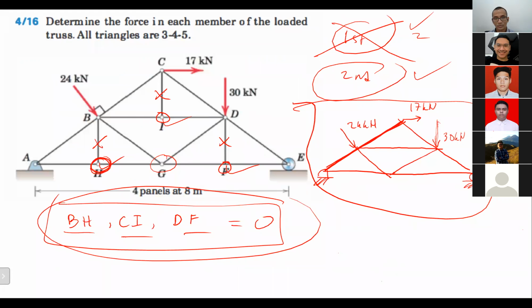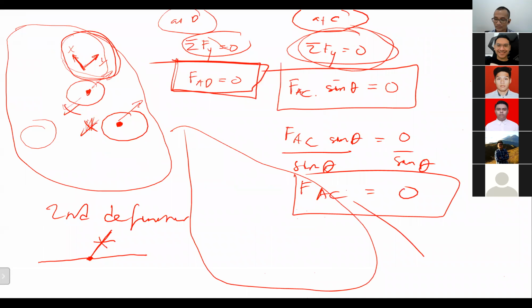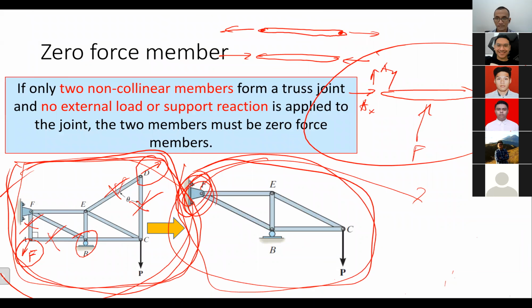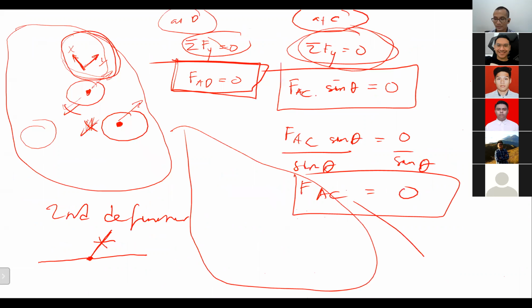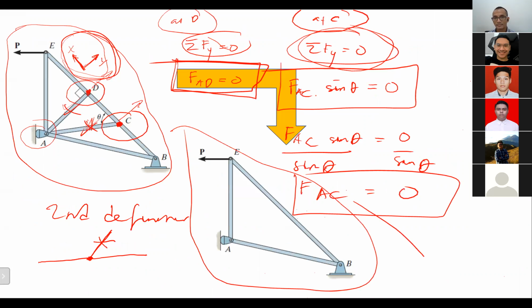Why are BH, CI, and DF zero force members? Because you said before that you need two non-collinear members, so there need to be two members that cancel out like that. That's the first type of zero force member. Just now I explained about the second type. This is the second type of zero force member.